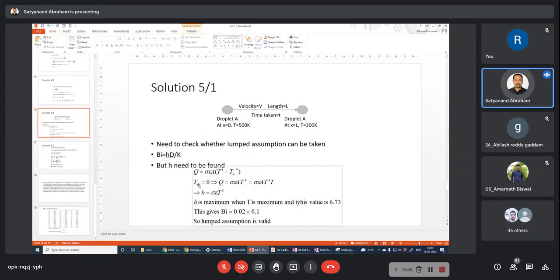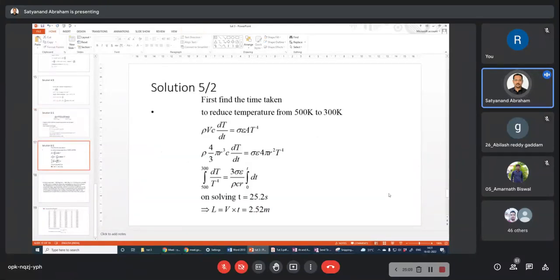But we also know that Q is equal to hA into delta T. So here h takes the form sigma into emissivity into T raised to 3. So h is maximum when T is maximum.